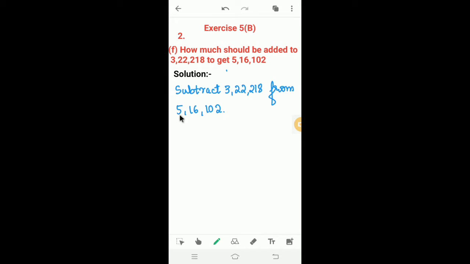So first I will take 5,16,102. So 201,615. Next I will take 3,22,218. So 812,223.